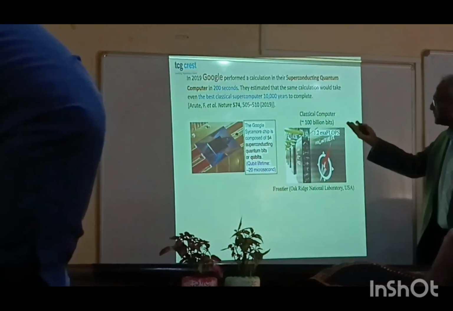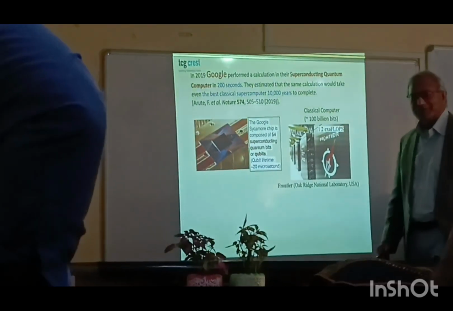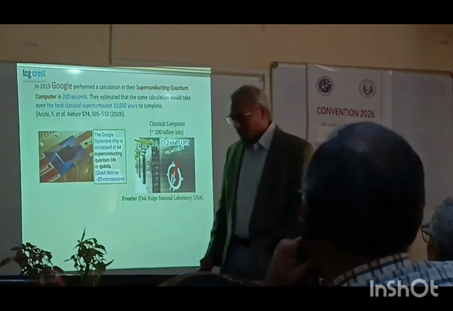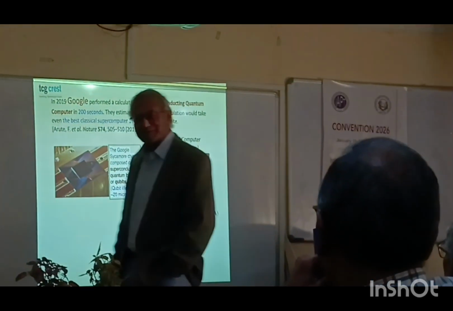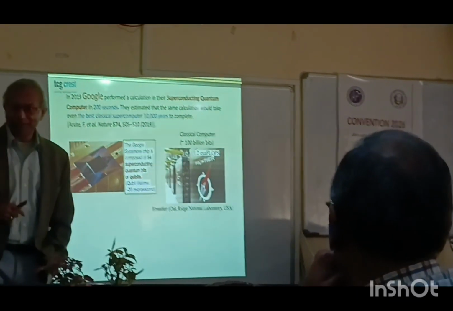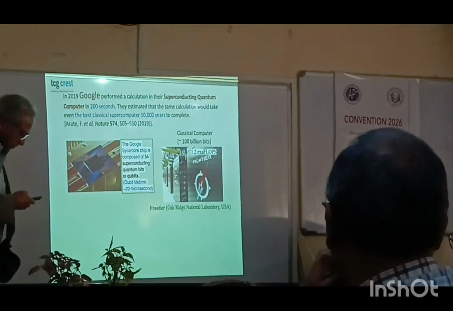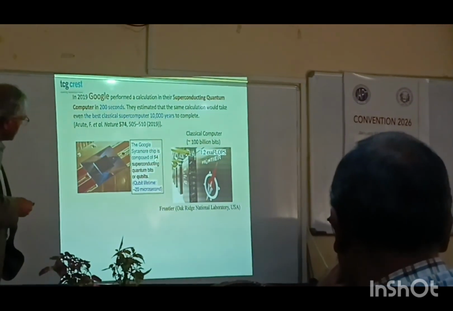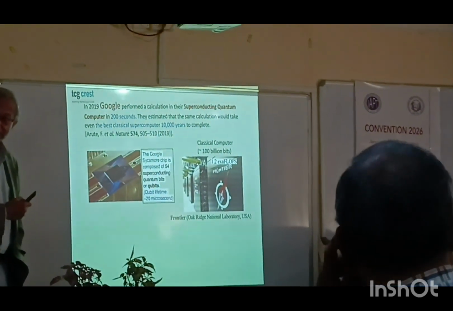Now, many of you have probably seen this in 2019. Google built the superconducting quantum computer. Actually John Martinis, one of the Nobel laureates, was the leader of this. And they produced a 53-qubit quantum computer.